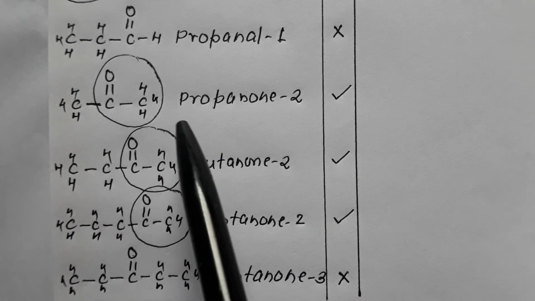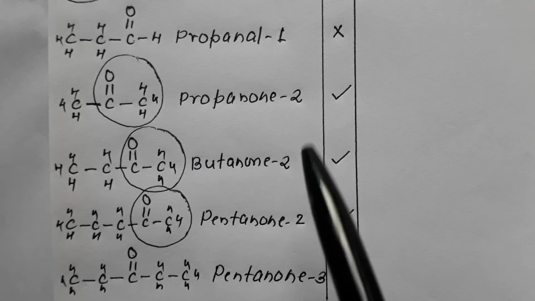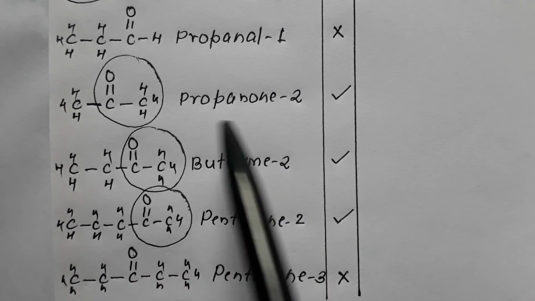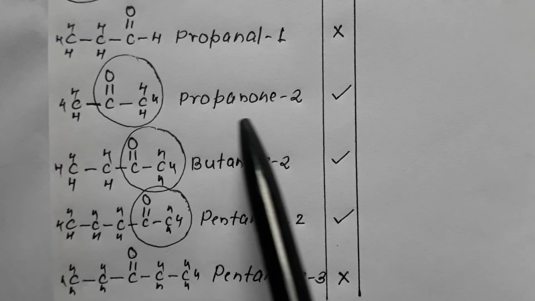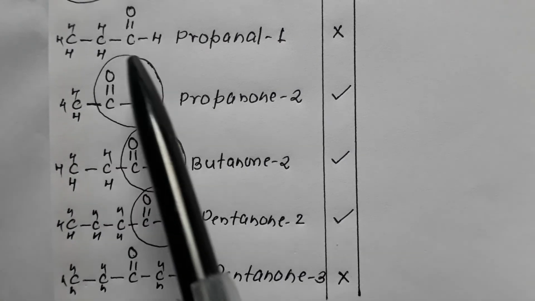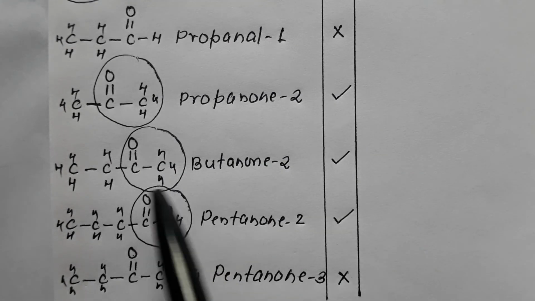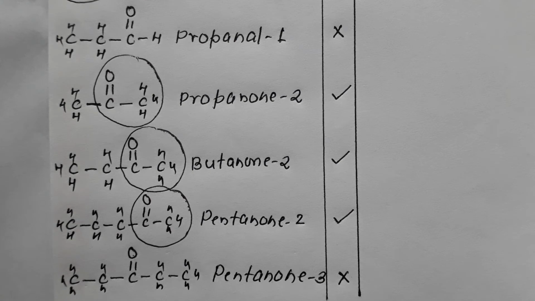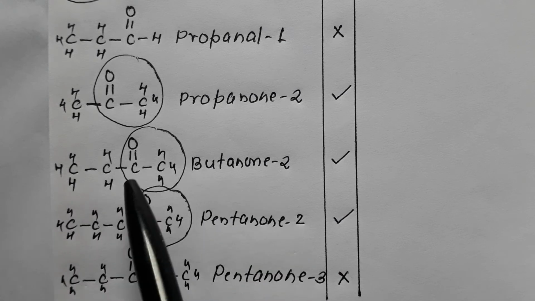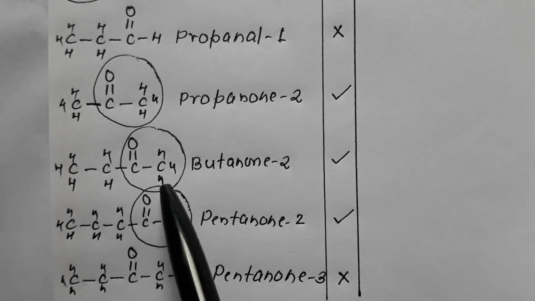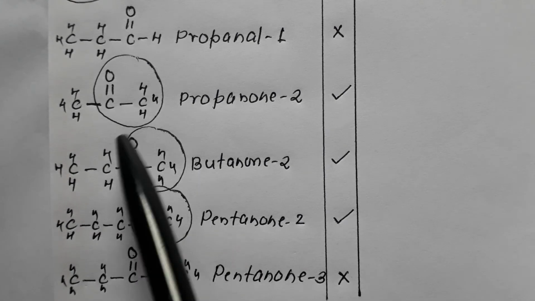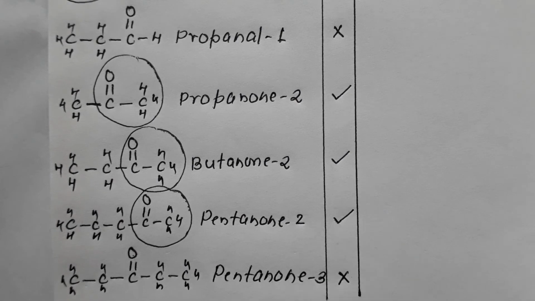Now if I discuss propanone 2, ketone, acetone, in case of propanone 2, CH3-C(=O)-CH3, this C=O CH3 group is present, therefore it will give this test. In case of butanone 2, CH3-CH2-C(=O)-CH3, this CH3-C=O group is present, therefore it will give the test.